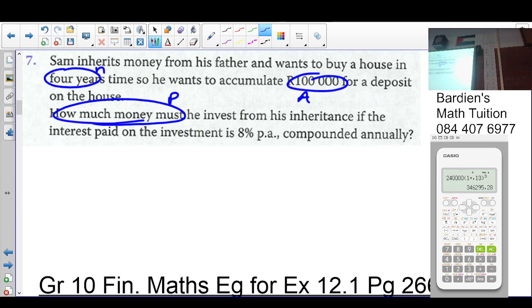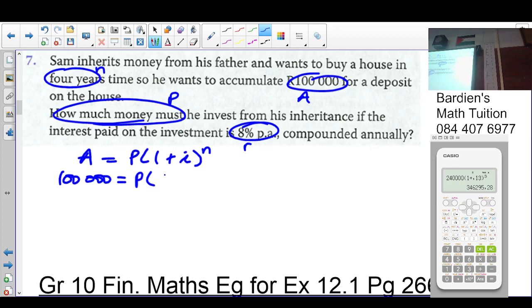How much money must he invest from his inheritance if the interest paid on the investment is 8% per annum compounded annually? Which formula? Compound formula. A is equal to P into 1 plus i to the exponent n. What's your A value? 100,000 equals P into 1 plus 0.08 to the exponent 4.